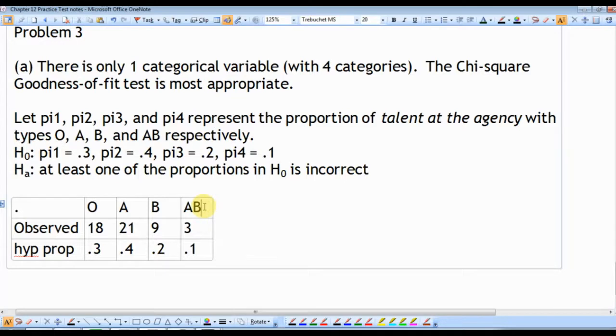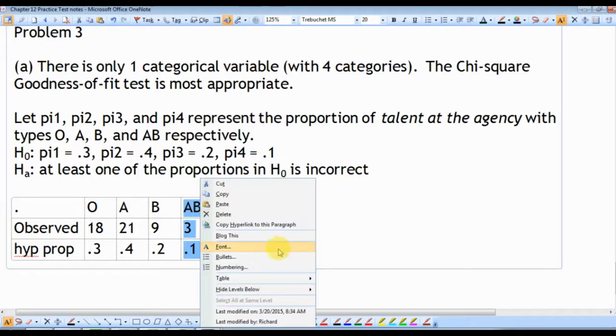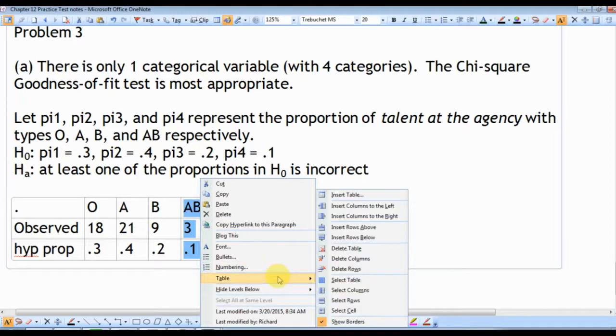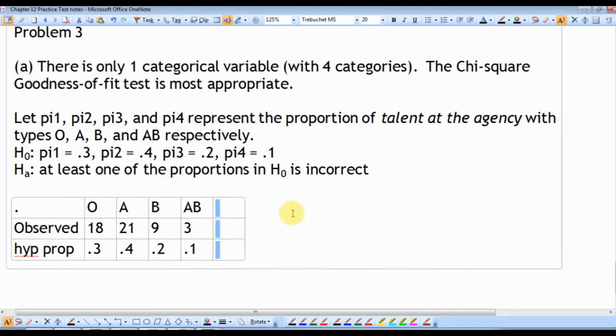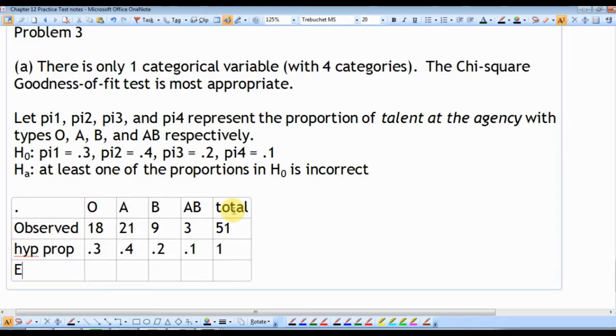I forgot to put a total column. We should have a total column. Total. So that's 51. That's 1. Expected. 0.3 of 51.